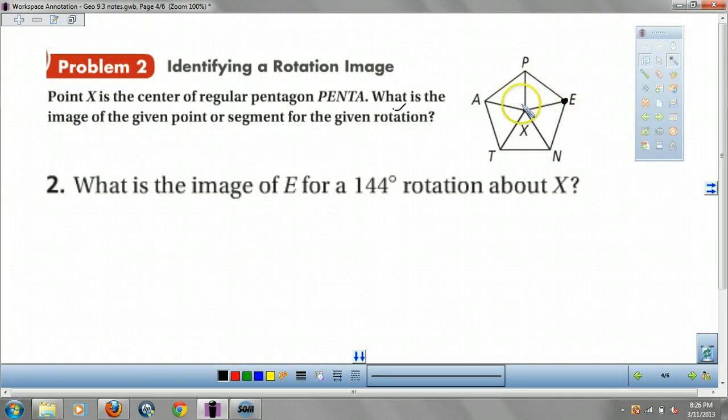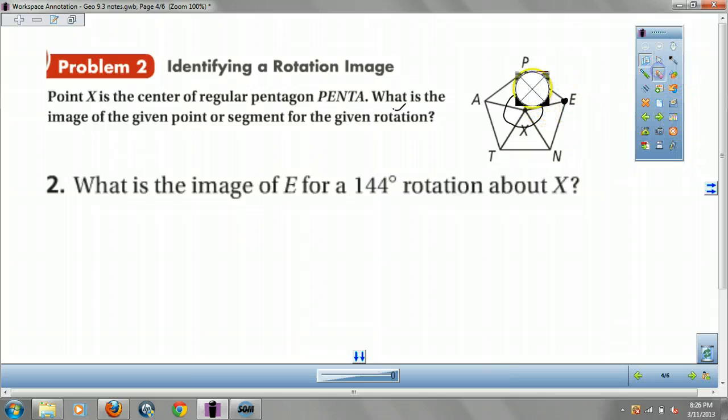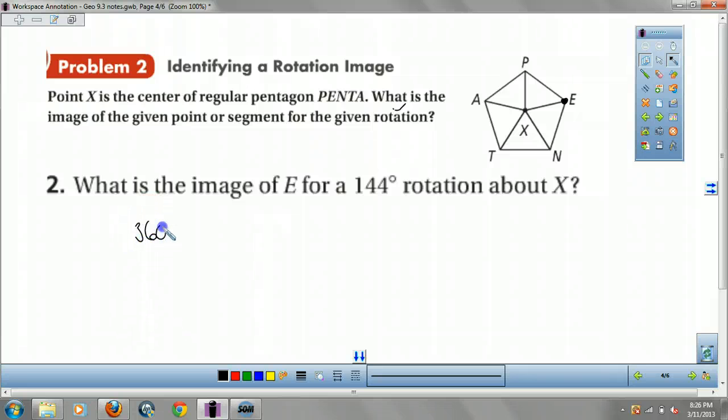Well, this whole thing is 360, right? So what's each triangle going to be? What's 360 divided by 1, 2, 3, 4, 5 of those? According to my calculations, they are 72 degrees.